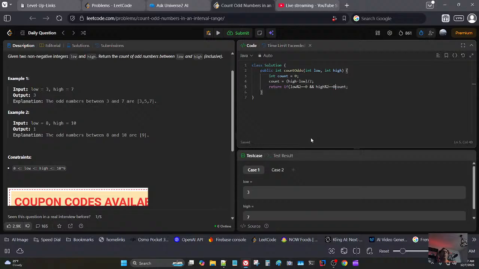In other words, they're both even. Then, let's see, how do you write that? Oh yeah, question mark, right? This is called a ternary operator.